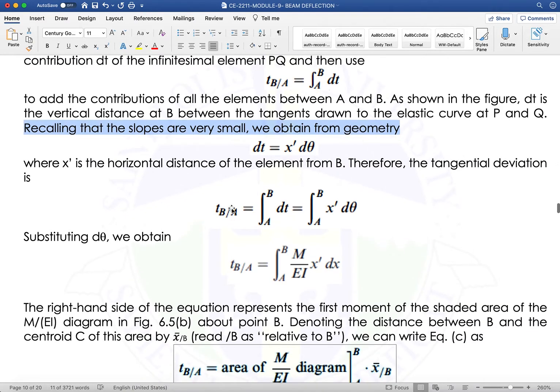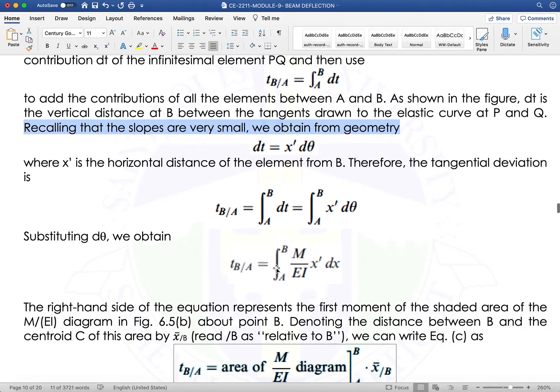So TBA is equivalent to the sum of dt from A to B, which is the integral of x prime d theta from A to B. Okay.